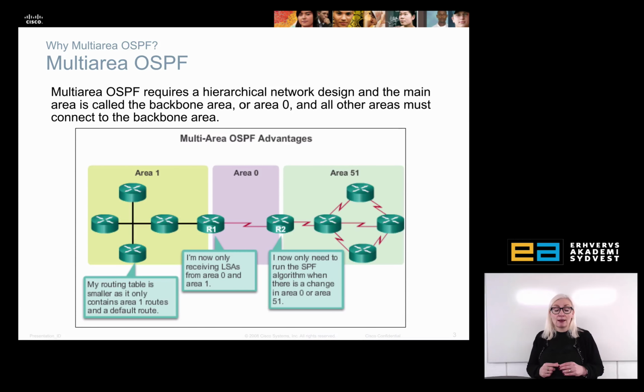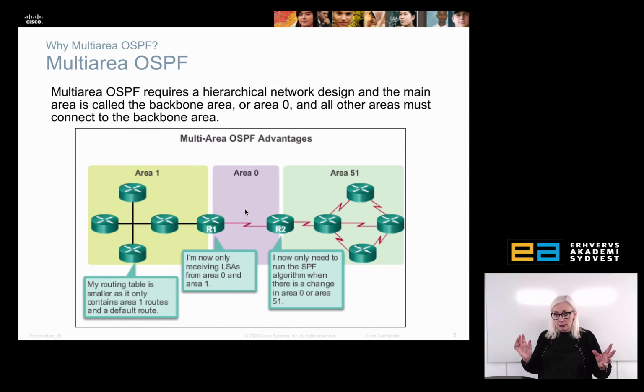The only thing that is important to remember about this is that we have the area 0. This is a specific area because this is the backbone area. Every other area that we want to connect to the rest of the OSPF network needs to have a connection to the area 0.